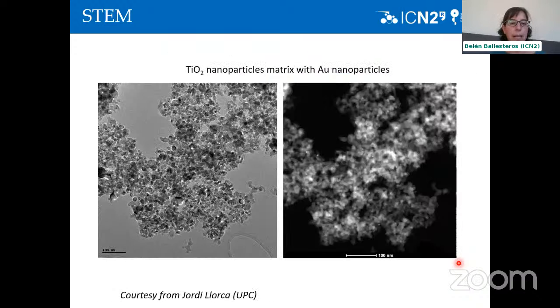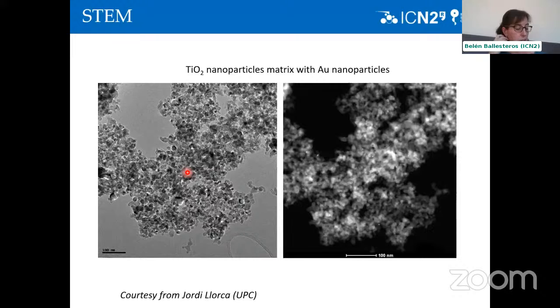One other example: this is a sample of titanium oxide nanoparticles. It's a matrix of titanium oxide nanoparticles that has some gold nanoparticles. This is how it looks in the TEM. We have different contrast, areas that are darker and areas that are brighter.